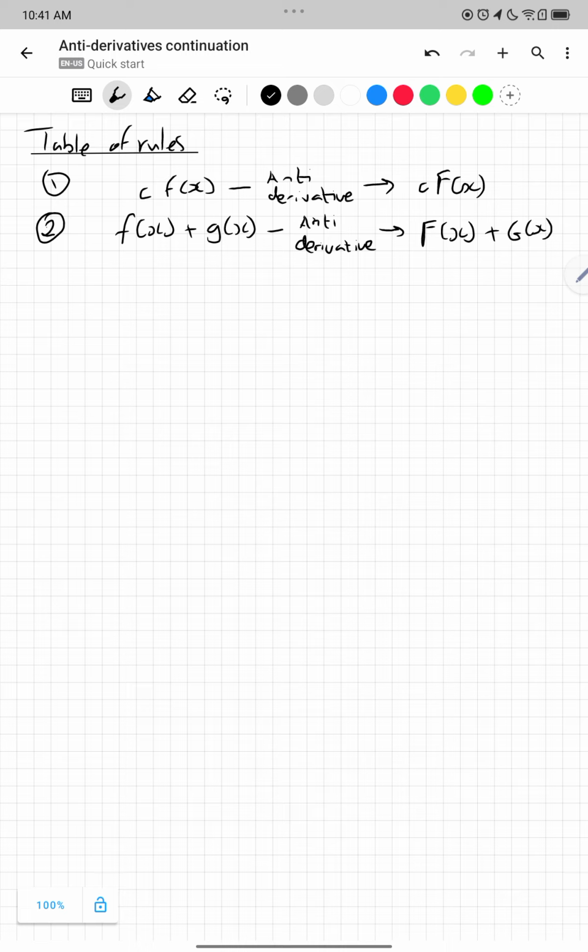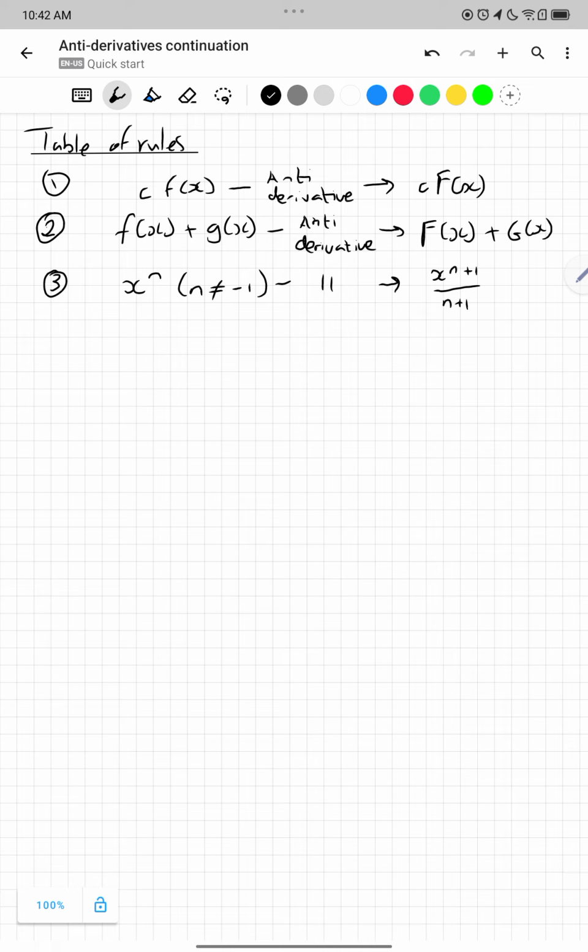Okay, so number 3 is x to the exponent n, where n is not equal to -1. This is very important. The antiderivative is x to the exponent n plus 1, all over n plus 1.